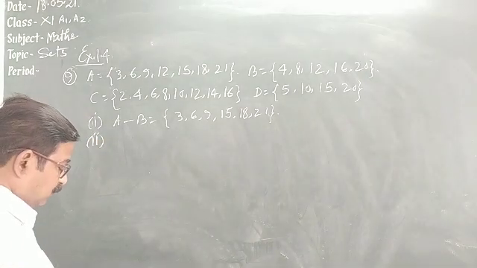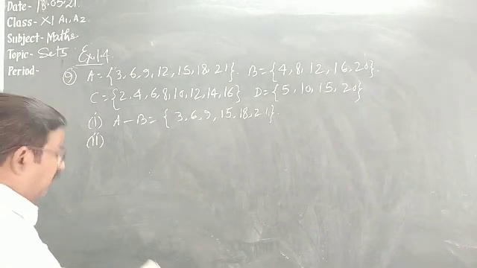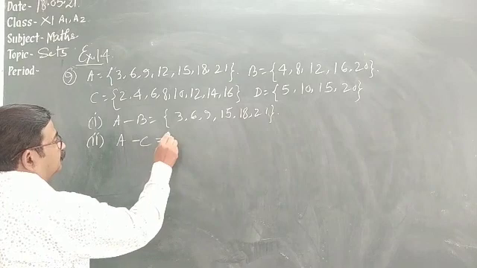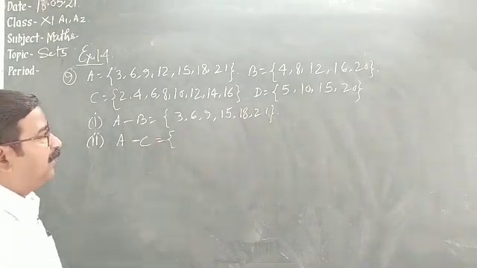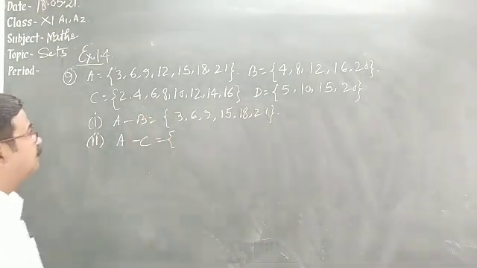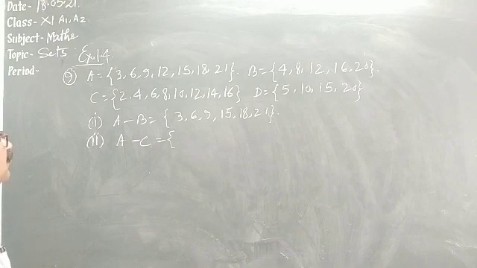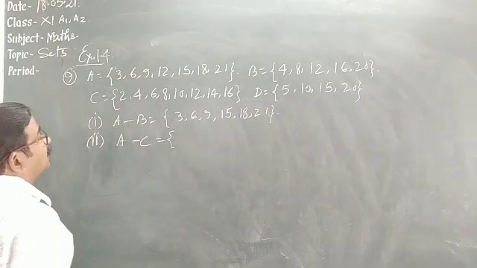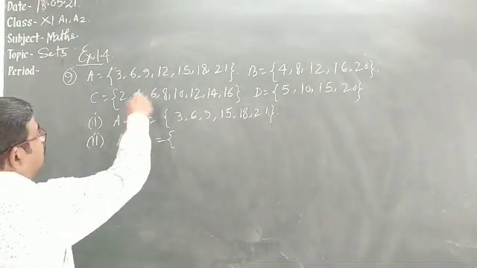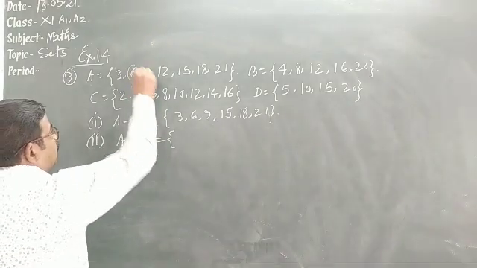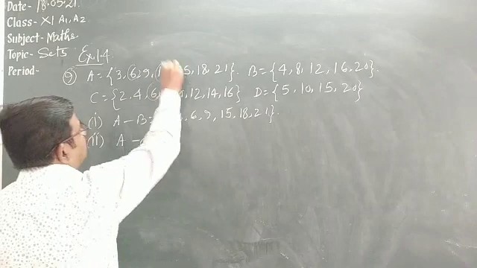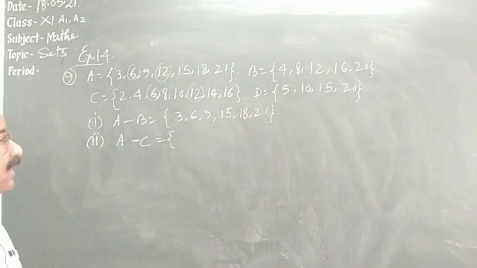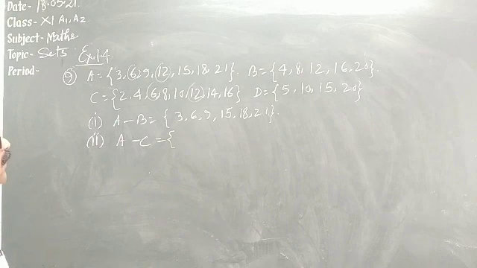See, second part we have to find A minus C. Elements of A which are not found in C. See, which are the elements not found? We see 3 is not found, 6 is common, 12 is common.